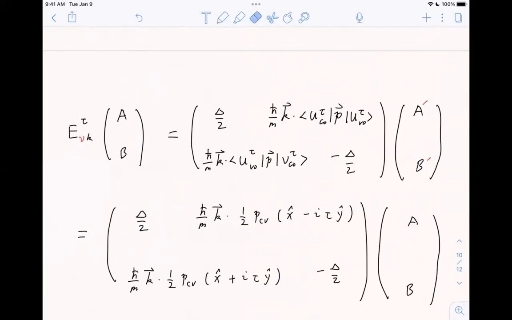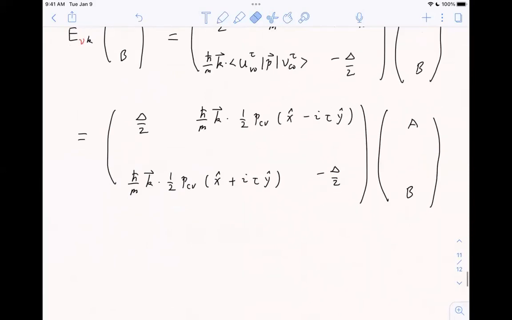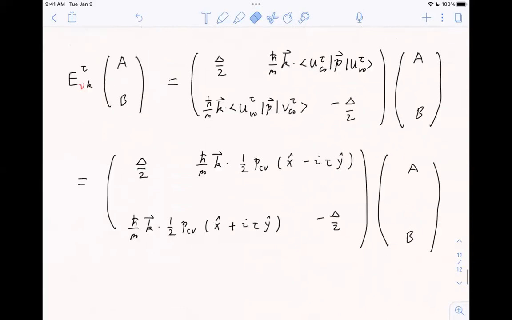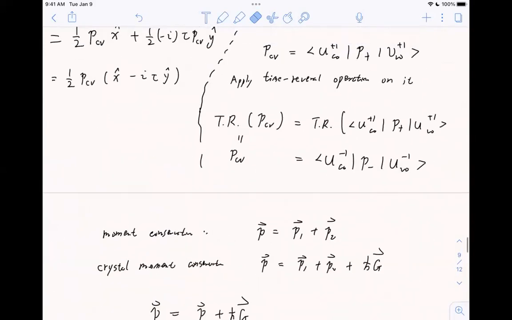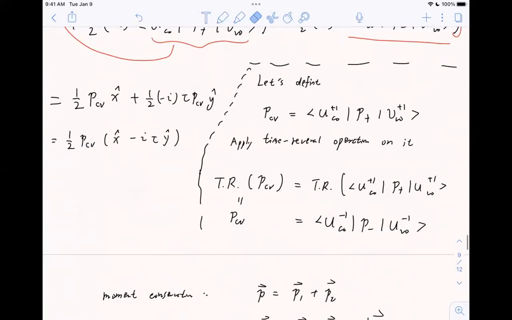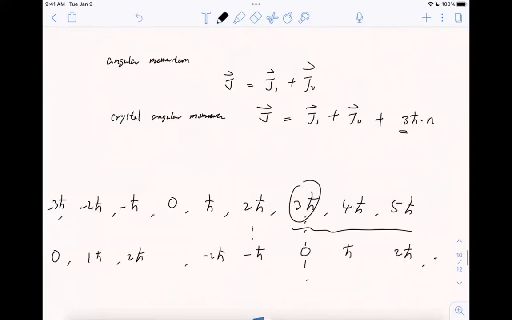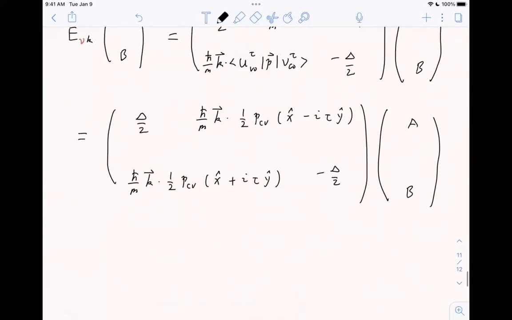So get A and B. So PCV is a real number.